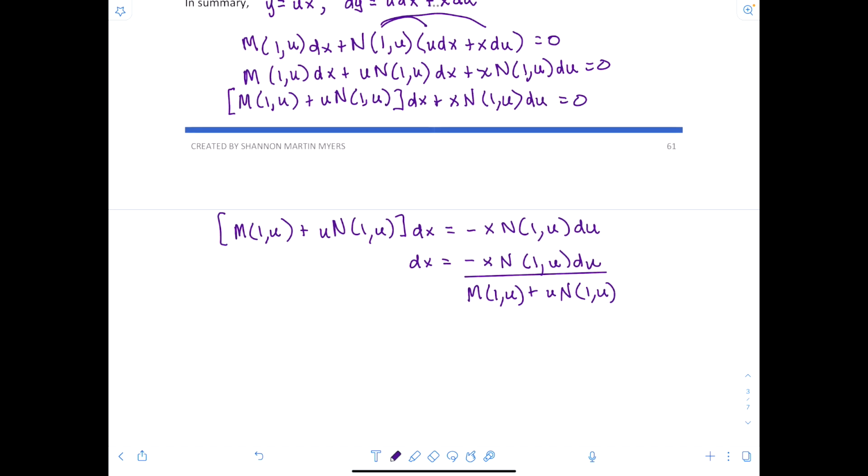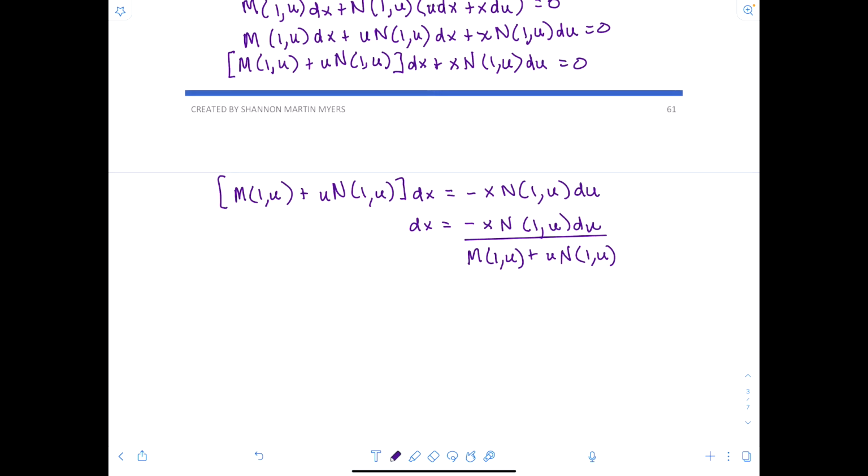Cool? All right, so continuing, dividing through by x, we have dx over x equals negative N(1,u) du over M(1,u) plus u times N(1,u).